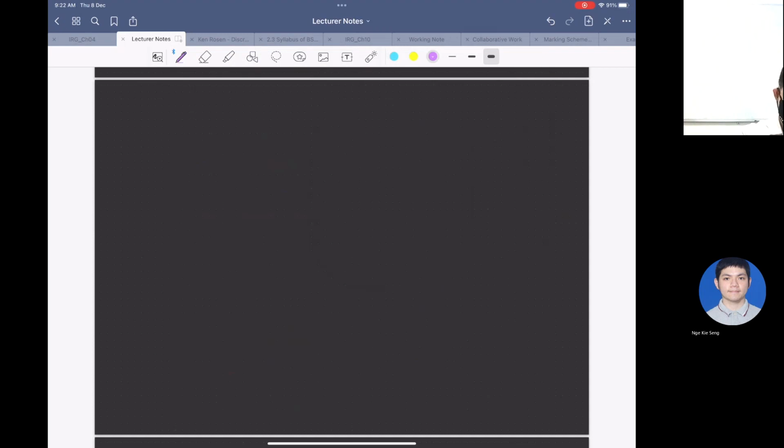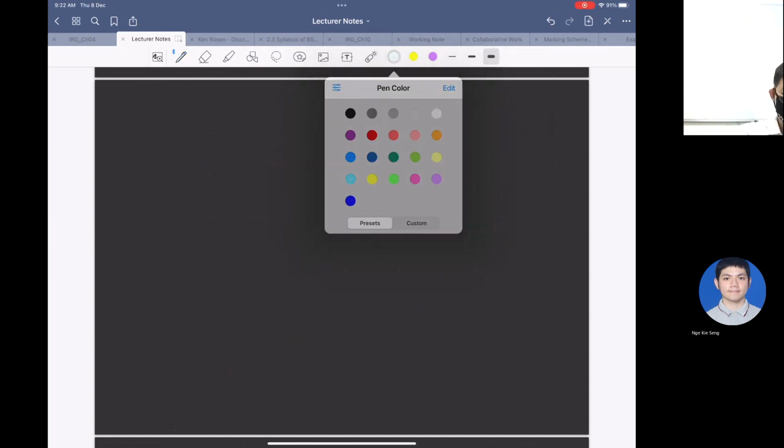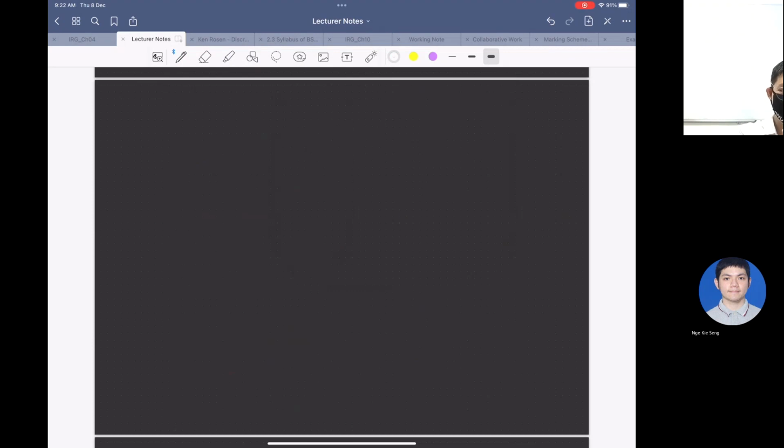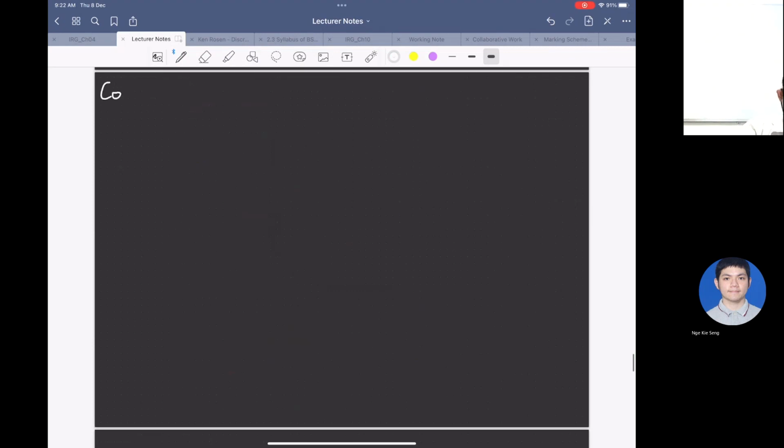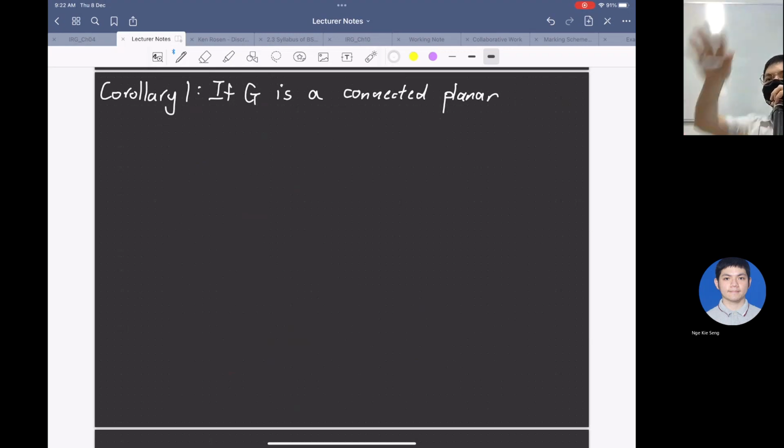So there are three corollaries we can make from this Euler formula. The first corollary is: G is a connected graph. Connected meaning we don't want to consider two connected components. We just want to consider one connected component of the graph.